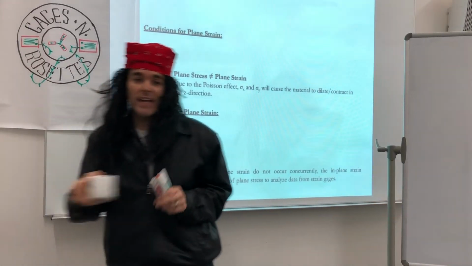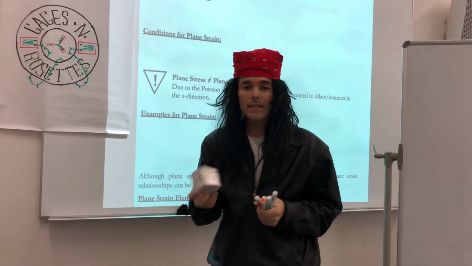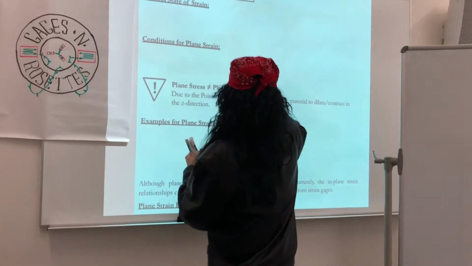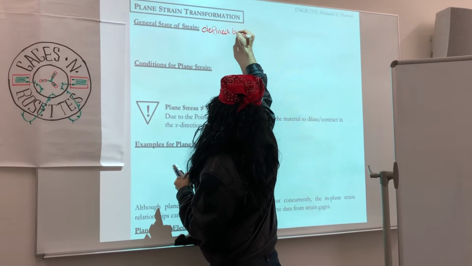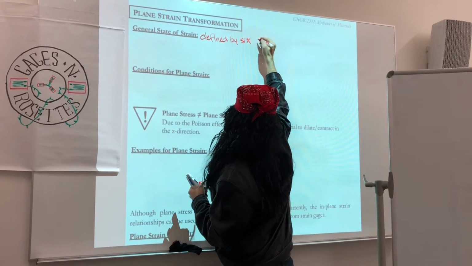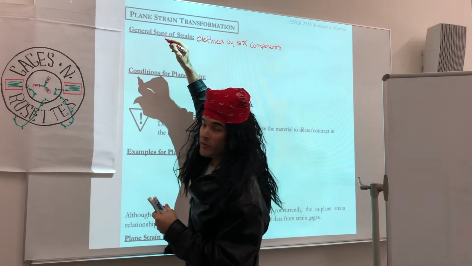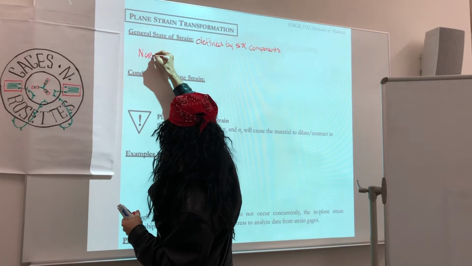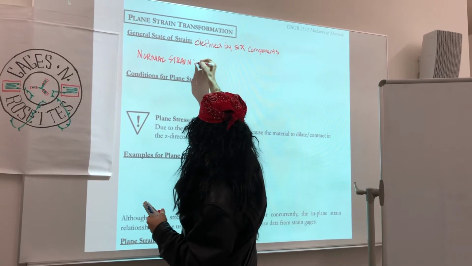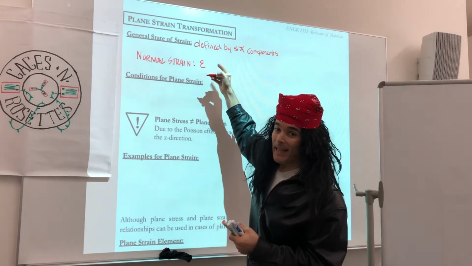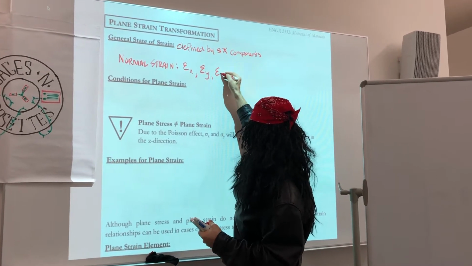So just like stress, we can define strain on a particular element by 6 components. So we have our normal strain. We refer to that as epsilon, and that would be in the x, y, and z directions.